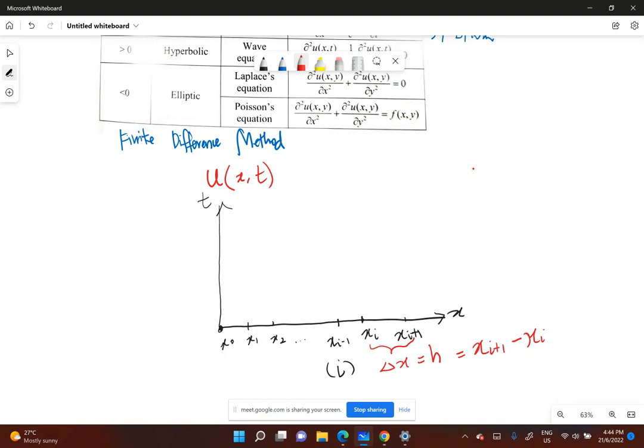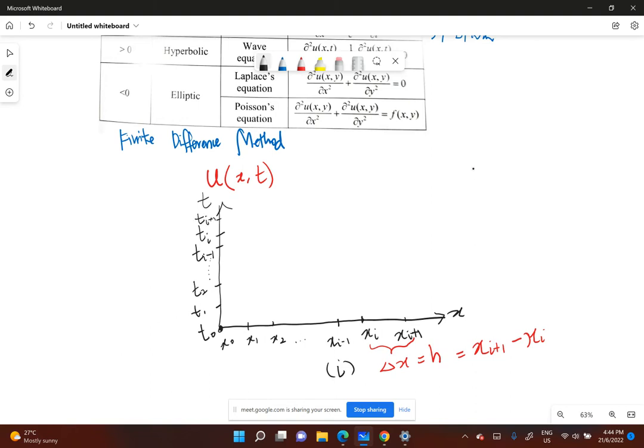Ini okay. Now the y-axis we will start with t0, right? And then ini t1, okay? And then t2 and so on until, let's say I say this is t j minus 1, this is t j, and then this one is t j plus 1.